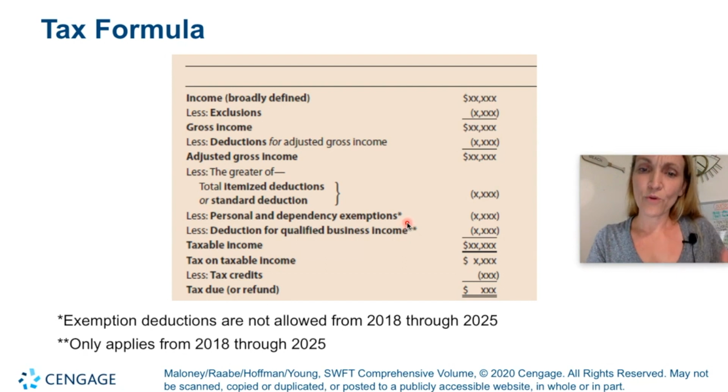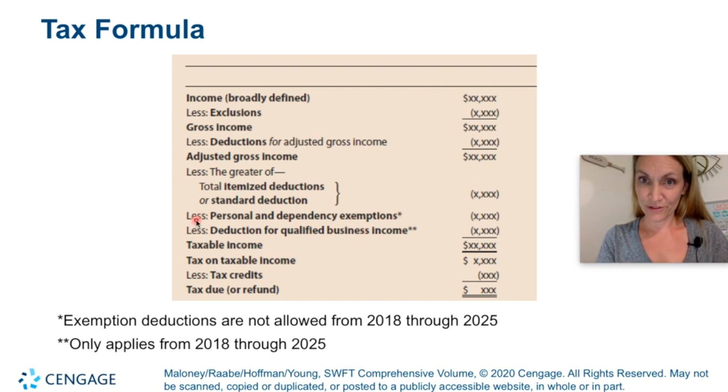This was people who earned money, who supported other people, were able to take a $4,000 deduction for those people. But of course, that could add up. If you have 10 children, that's a $40,000 deduction that you don't have to pay taxes on for basic care, right? So this is gone for now.